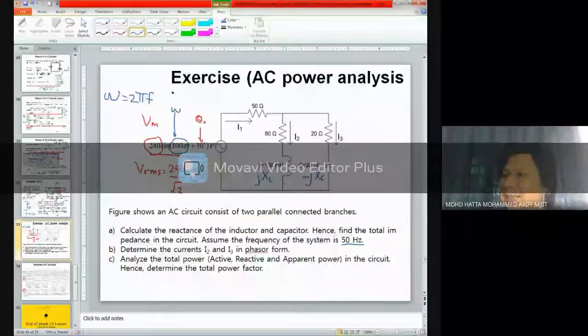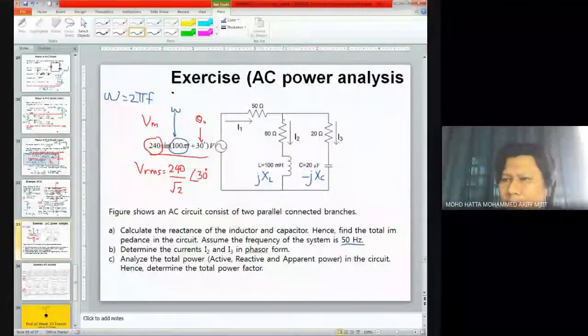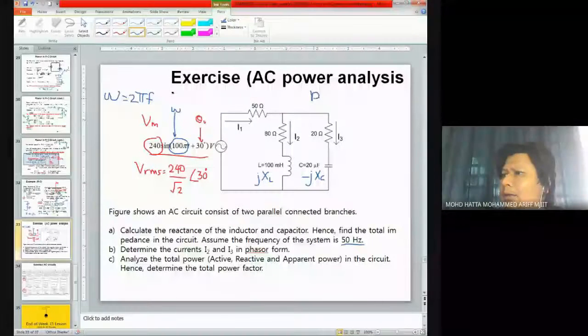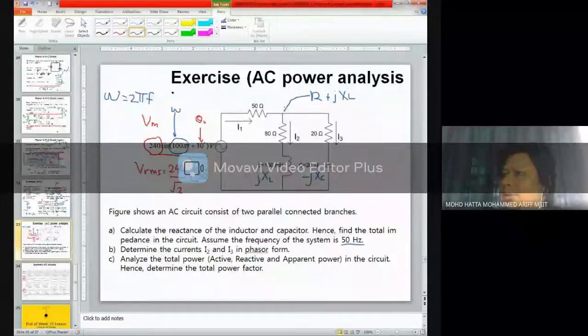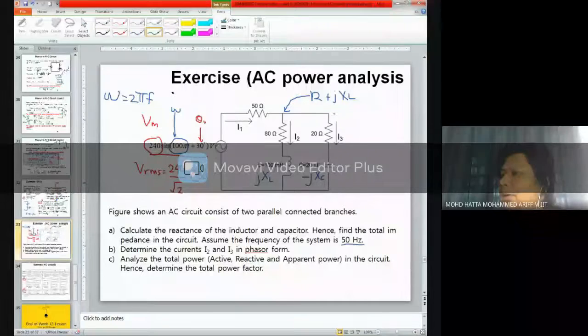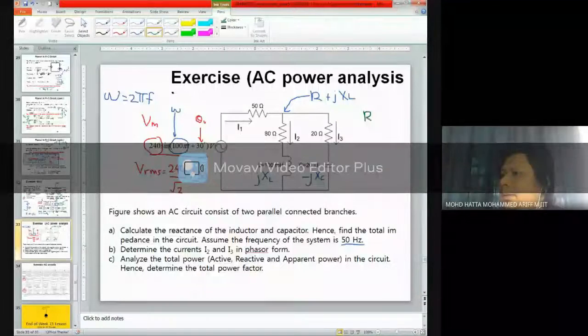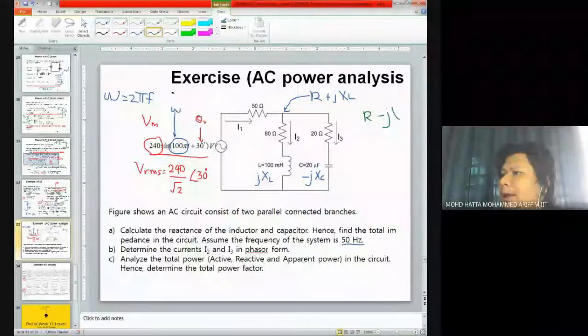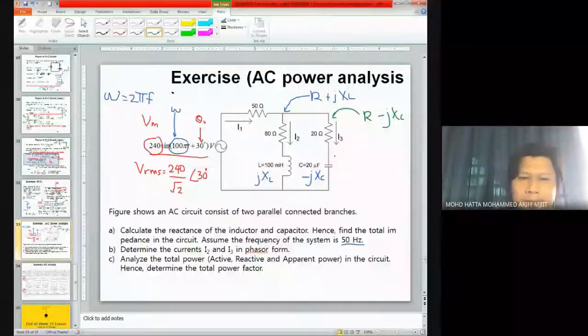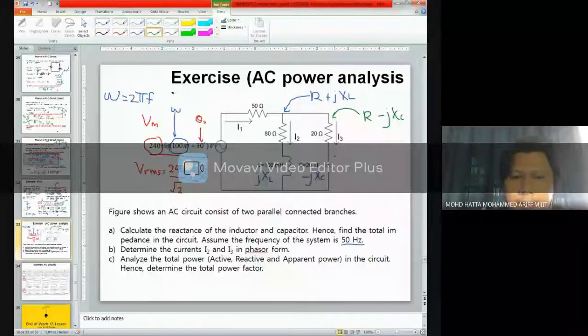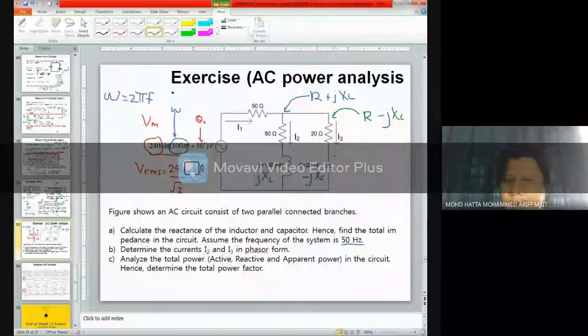In general, this branch is R plus jXL, and for the other branch, R minus jXC. That is what happens in our circuit.